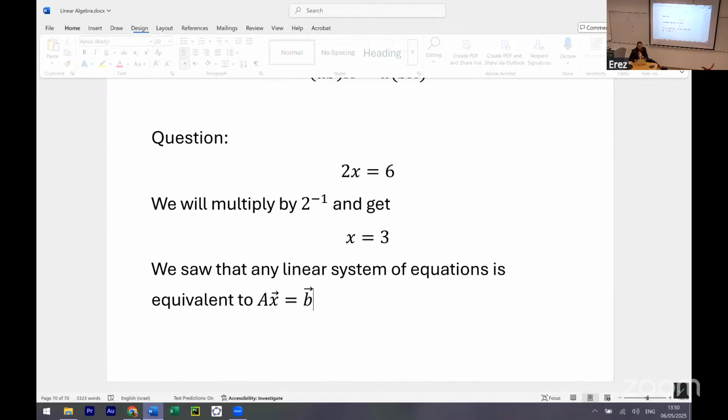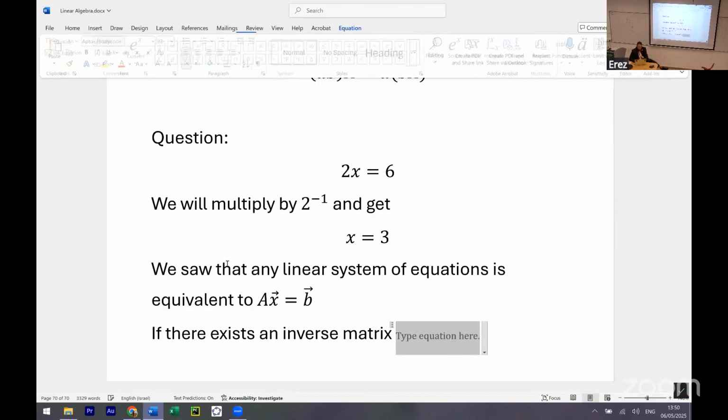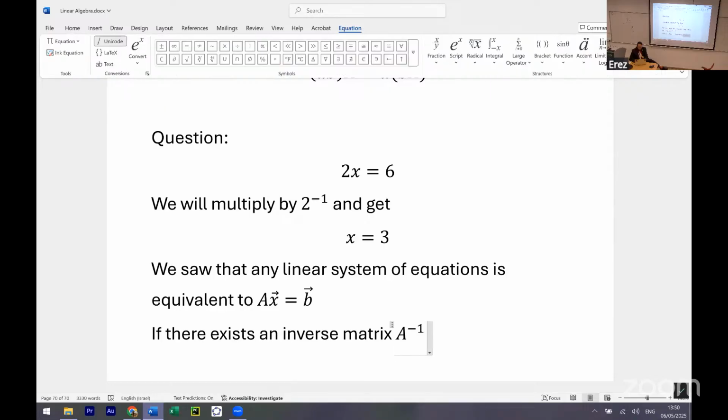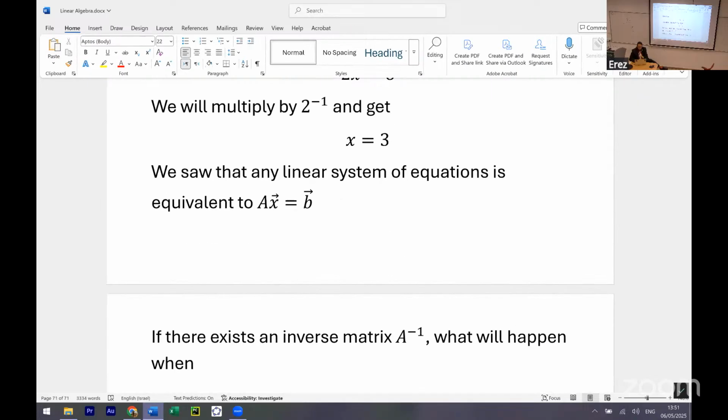So if there exists an inverse matrix A minus 1, what will happen when we multiply by it?